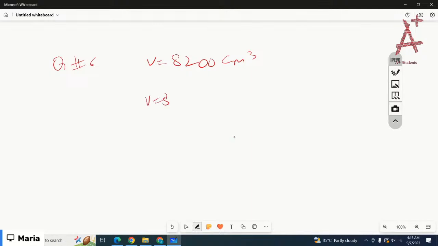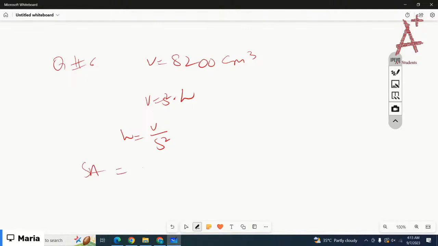It would be V equals S square times H, right? We have to isolate H. It would be V divided by S square equals H, right? So we need to replace the expression for H in the formula for finding the surface area, right?